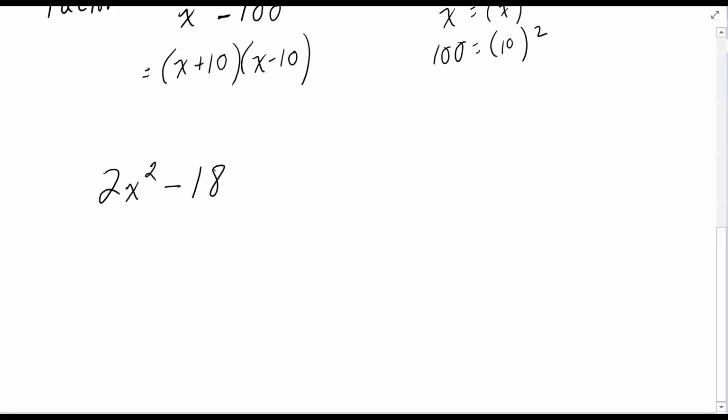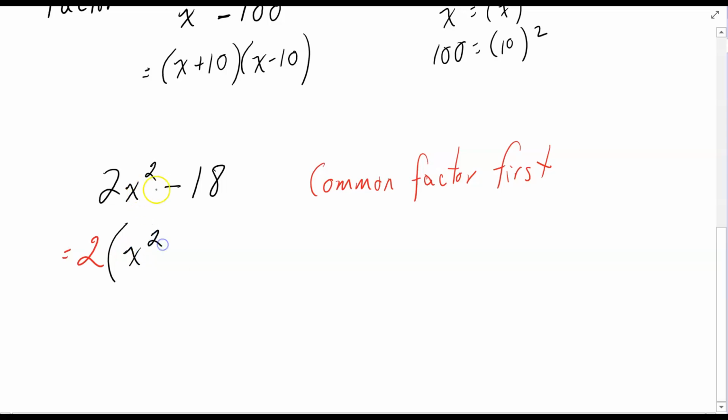So one of the key things to remember always is, if possible, common factor. Okay, so common factor first. The common factor in this case is 2. And when we common factor out the 2, we're left with x squared minus 9.